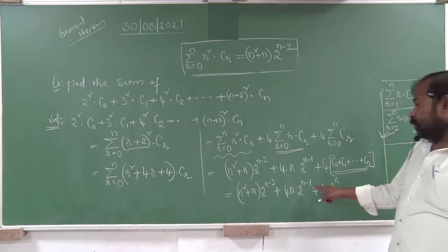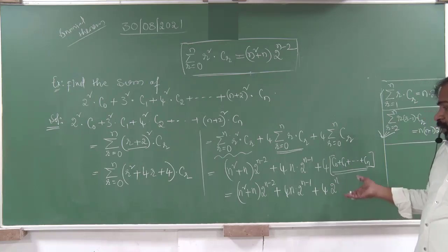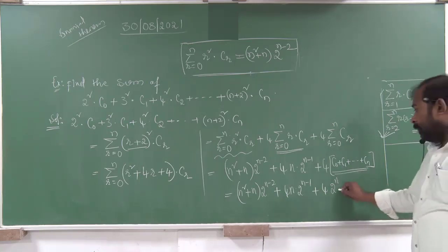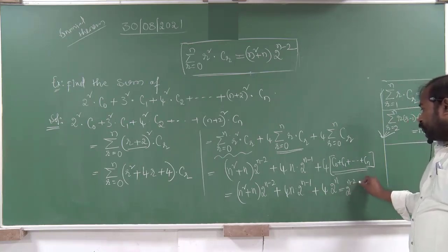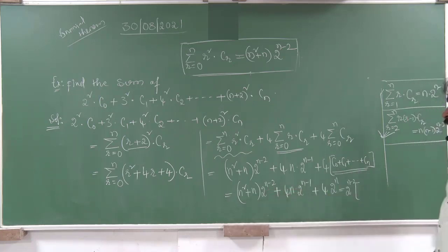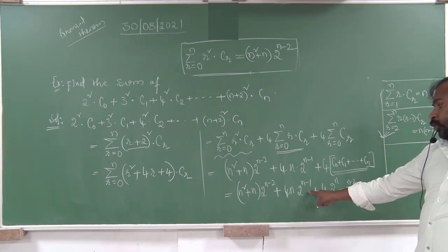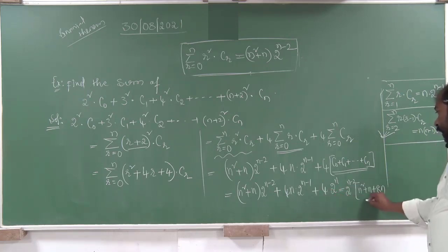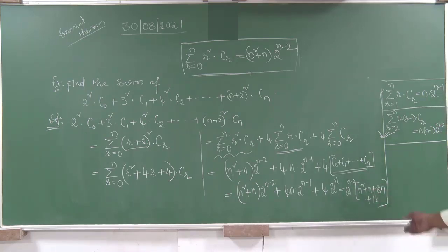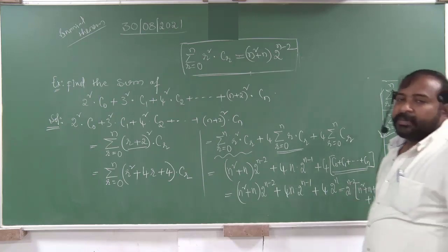Then you can take common 2 power n minus 2 among these three terms. You will get n square plus n, here 8n, and here 4 times 4, which is 16. Then if you simplify, n square plus 9n plus 16, into 2 power n minus 2.